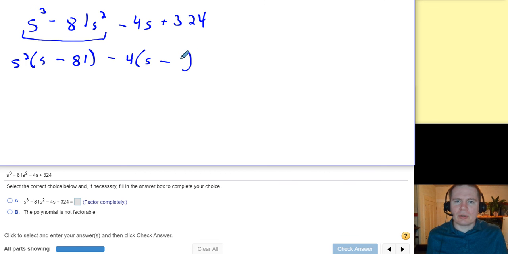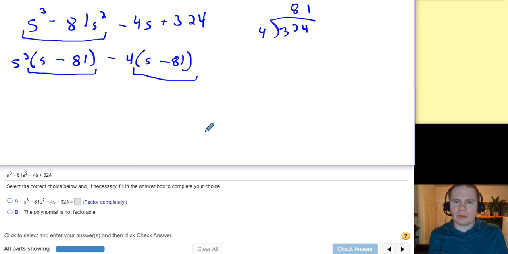And to figure out what this is, I need to do 4 into 324. So I already know what that is. Maybe you can guess. 4 goes into 32 8 times. 4 goes into 4 1 time. 81.